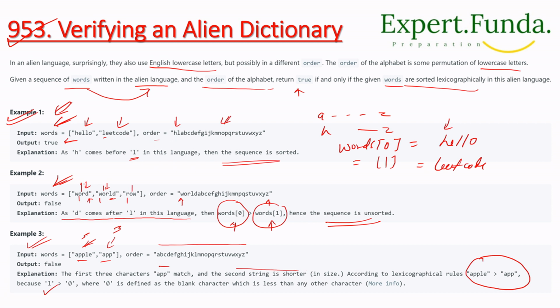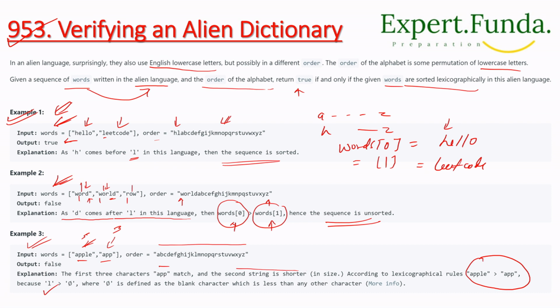So if these words are sorted, then for each word we need to check that every word on its right is lexicographically larger, right? And for each word we could check if every word on its left is lexicographically smaller.